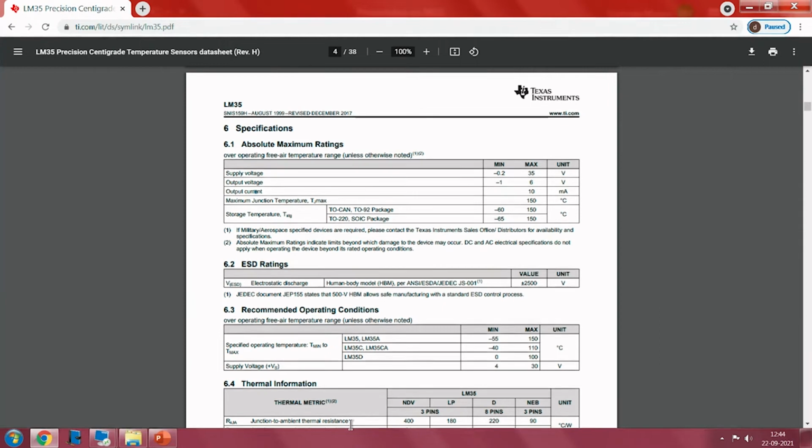When we are interfacing the previous stage to the next stage, the input impedance of the next subsystem should be very high, so that it consumes less current from the previous stage. What if the input impedance is smaller? Say the output we are getting is 10 millivolts, and the input impedance is 100 ohms.